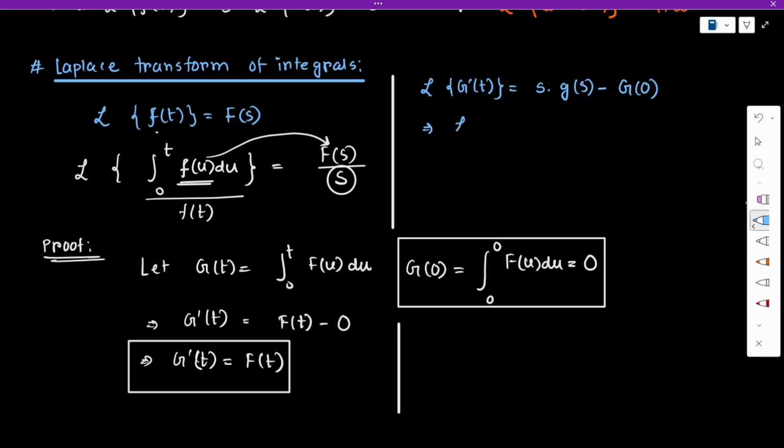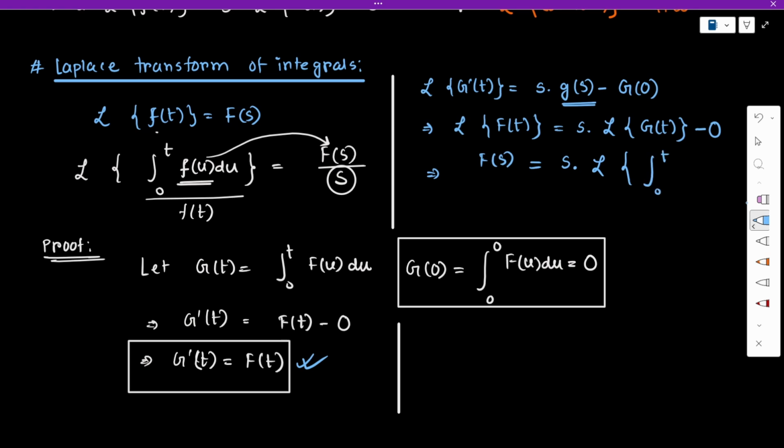So the Laplace transform of g dash t is the same as the Laplace transform of f(t), right? From this equation we can say this is s times g(s), where g(s) is the Laplace transform of g(t), and negative g(0) is equal to 0. So the Laplace transform of f(t) is F(s), and the Laplace transform of g(t) is the integral from 0 to t of f(u) du.